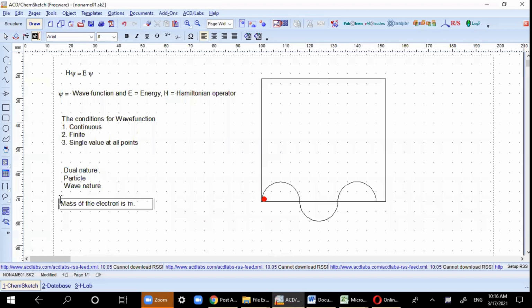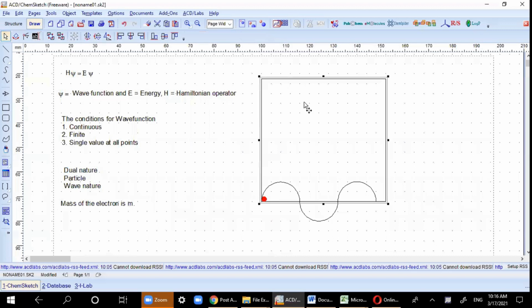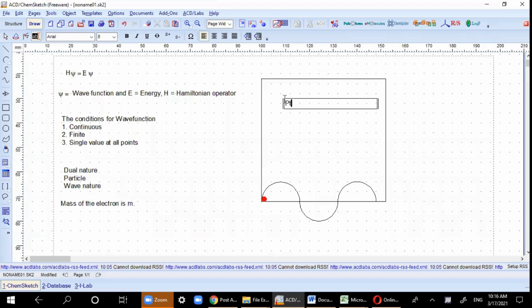Inside the box, one more condition is that it has both potential energy and kinetic energy. Okay, both energies it has: potential energy V or PE, and kinetic energy KE.